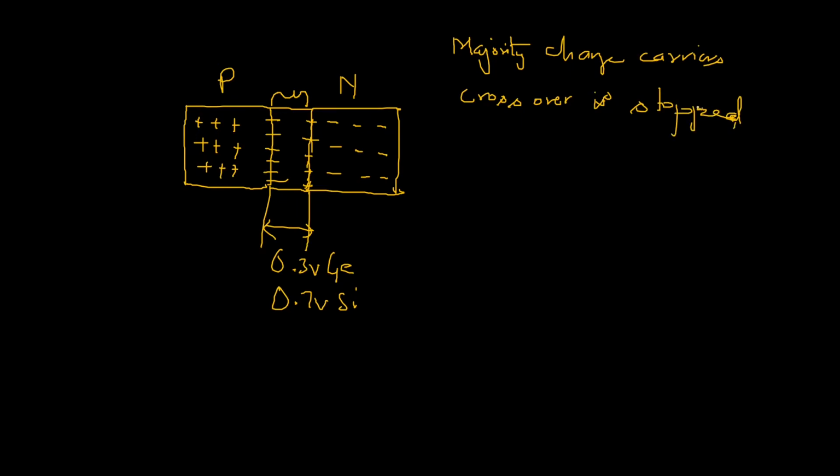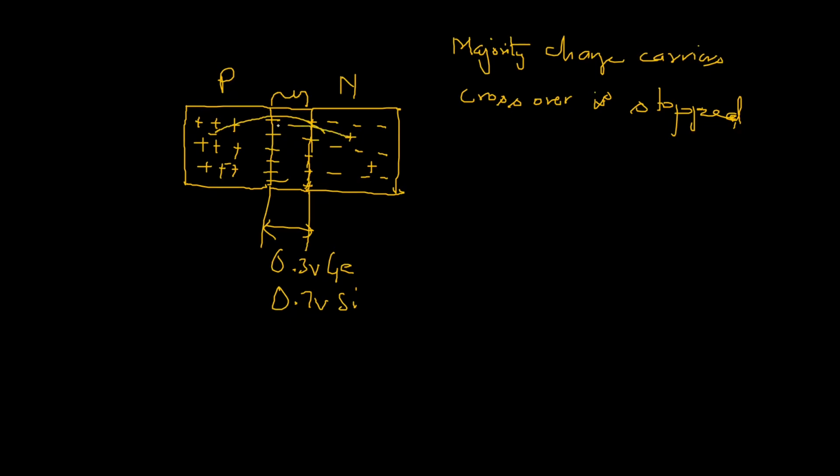Now what happens here, there will be minority charge carriers in both the semiconductor layers. Say for example in N type you have a few holes, and in P type you have a small number of electrons. Now this potential barrier will help them to cross the junction.